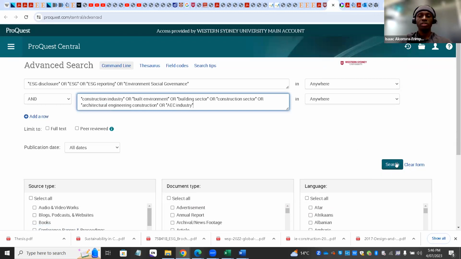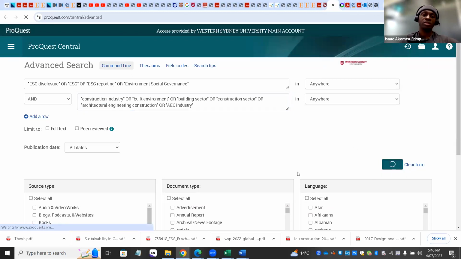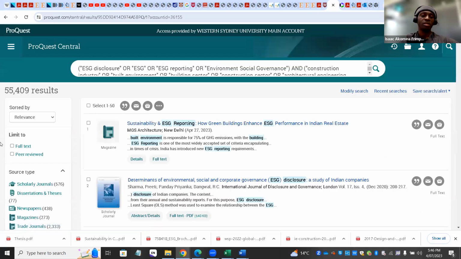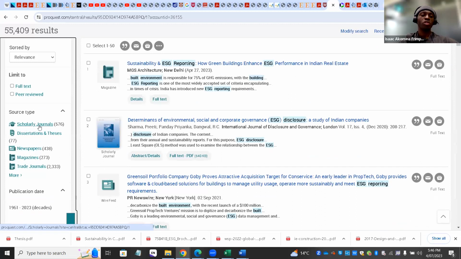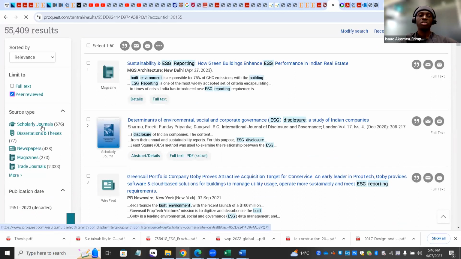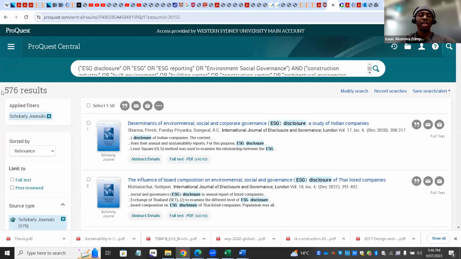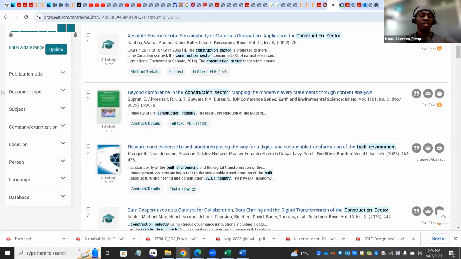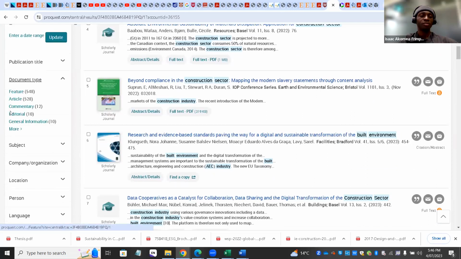Yeah, so once this is done, then I did a search. When I did that, I got a lot of documents, I think 5,000 something, but I limited them to scholarly journals. Okay, peer-reviewed scholarly journals. When you limit them to that, it comes down to 576. Out of the 576, I even checked the document type.